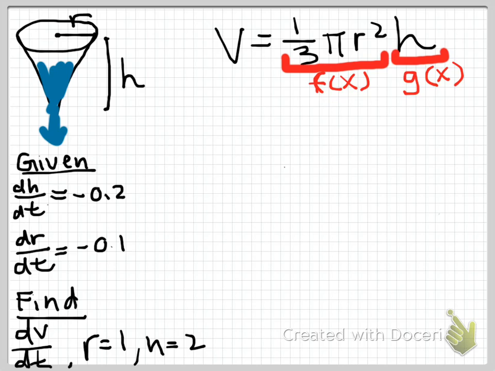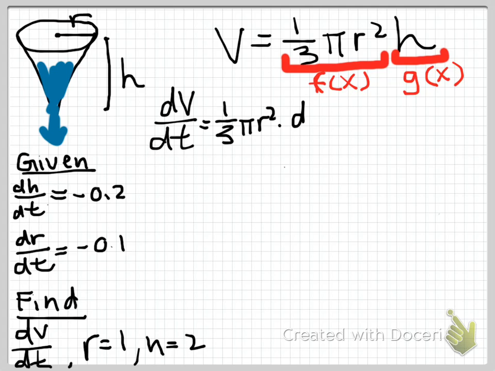So if we are doing dV over dt, hold on, let me move this over a little bit. Okay, so I'm doing dV over dt equals, so I'm going to leave the first part by itself, 1/3 pi r squared, and then I'm going to multiply it by the derivative of g of x. So the derivative of h with respect to t is dh over dt.